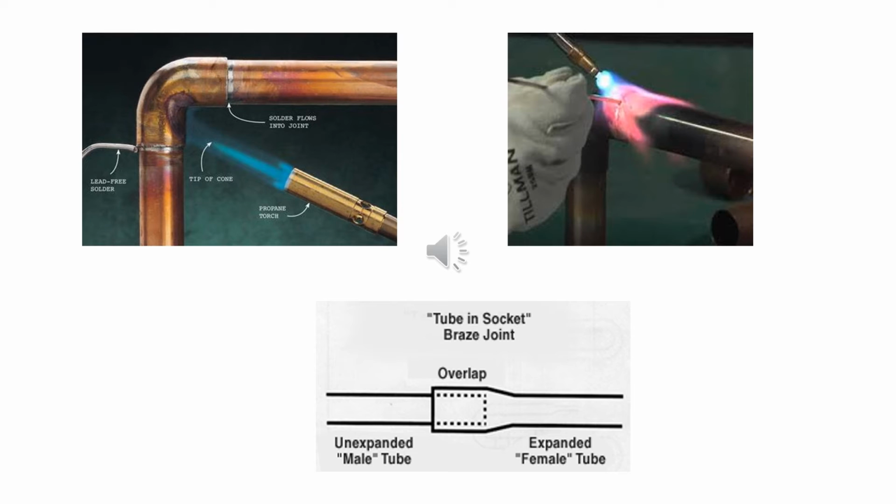Above that temperature, the process is brazing. The melting point of copper is 1,984 degrees Fahrenheit.